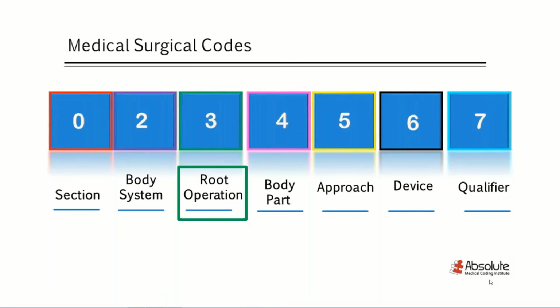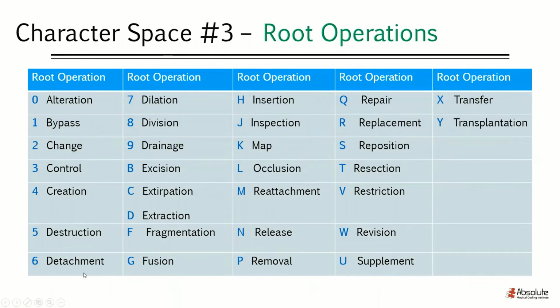But one thing of note, if you studied CPT procedures, we coded procedures using surgical suffixes. In PCS coding, we use root operations. And root operations represent the objective of the procedure. In the medical surgical section, there are 31 root operations, and you will need to understand these procedures, not necessarily what they are, but the objective of these procedures.